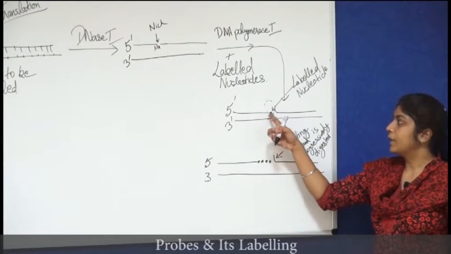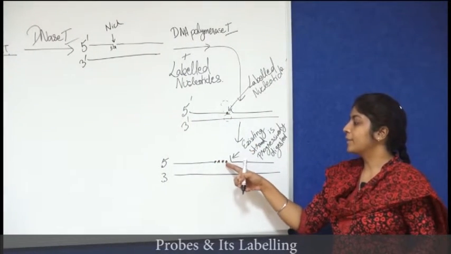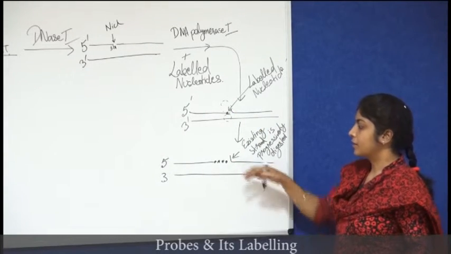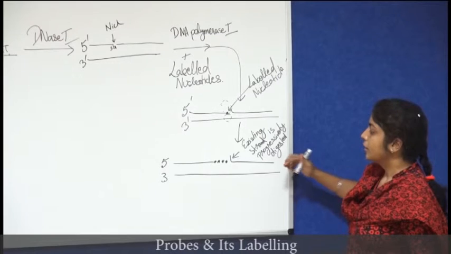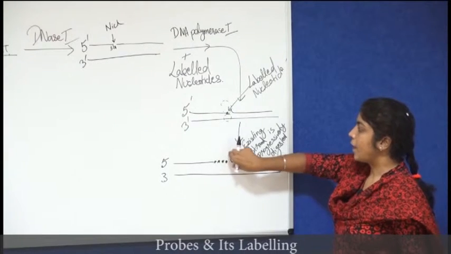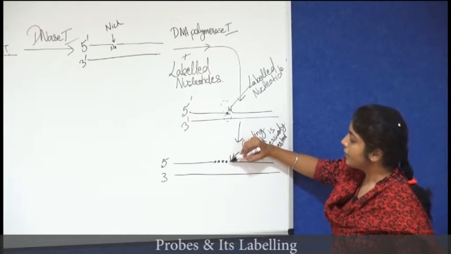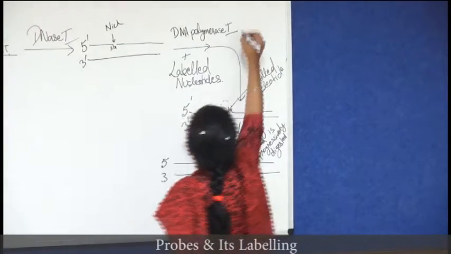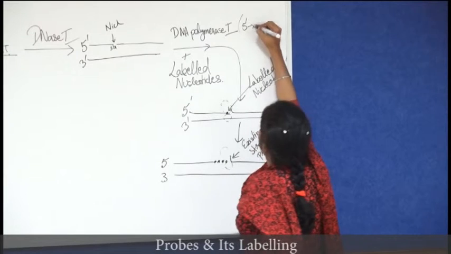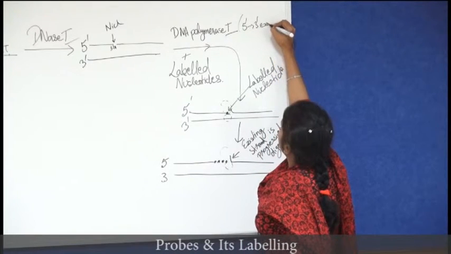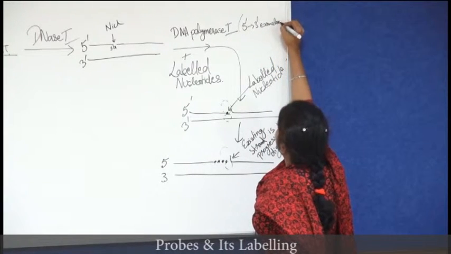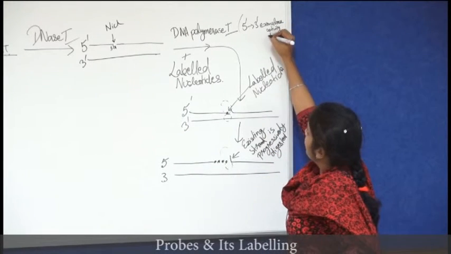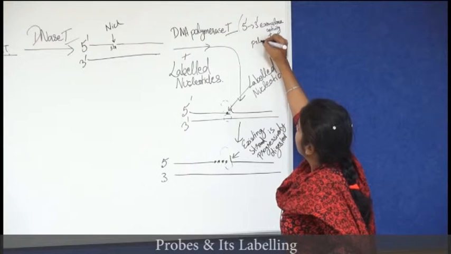Here we can see that labeled nucleotides are added repeatedly and the existing strand is replaced, the strand is moving. But how does it happen? The polymerase enzyme has 5' to 3' exonuclease activity plus polymerizing activity.